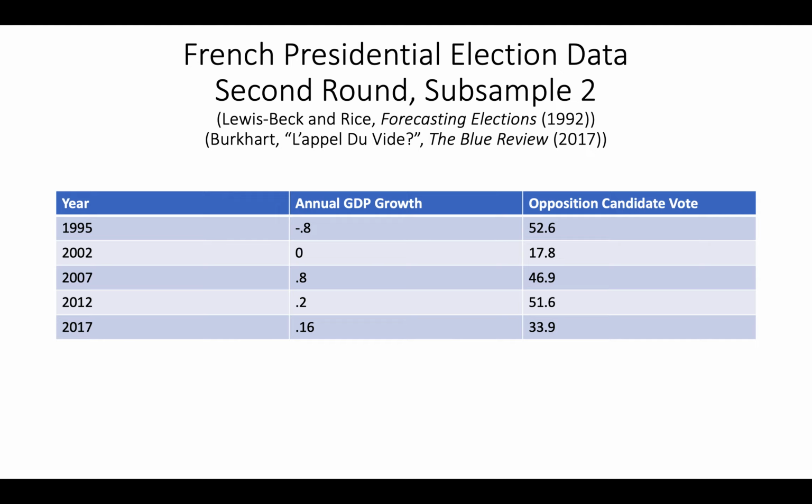Second, due to an extreme outlier in the 2002 elections, the extreme right-wing candidate from the National Front, Jean-Marie Le Pen, received more votes in the first round than did the mainstream Socialist Party candidate Lionel Jospin, so Le Pen competed in the second round against the incumbent Gaullist candidate Jacques Chirac, and got trounced. There will be a fairly wide range of values for the opposition candidate vote in this data set.